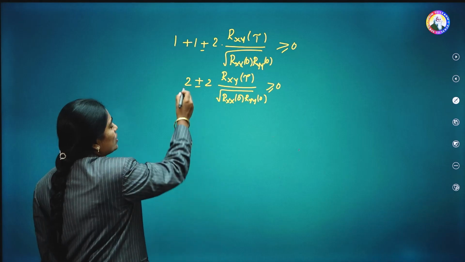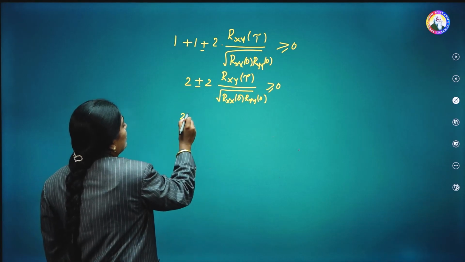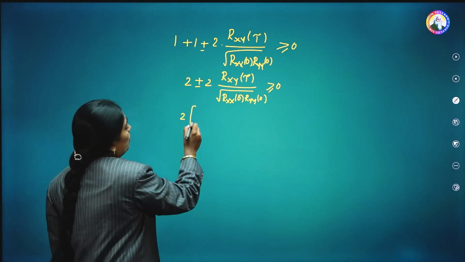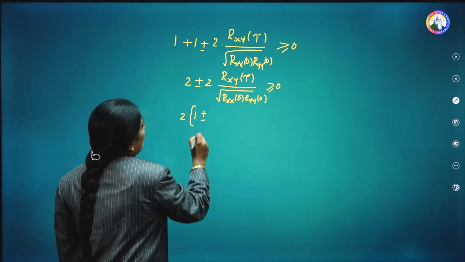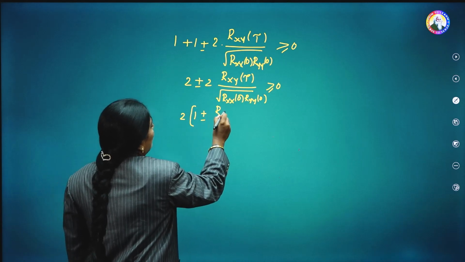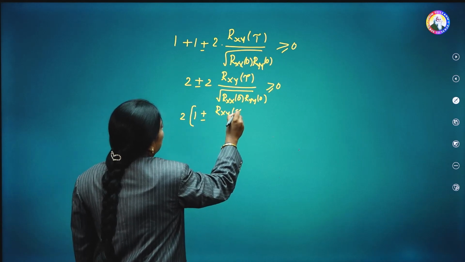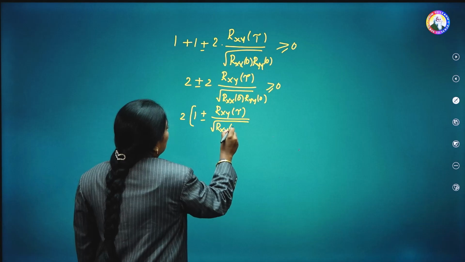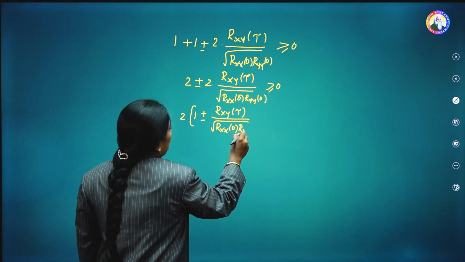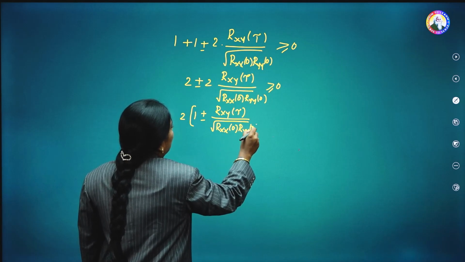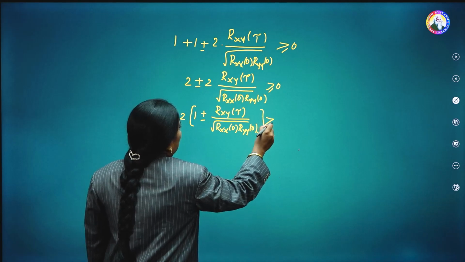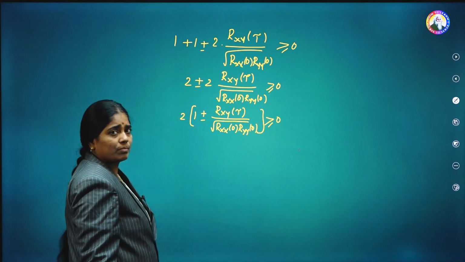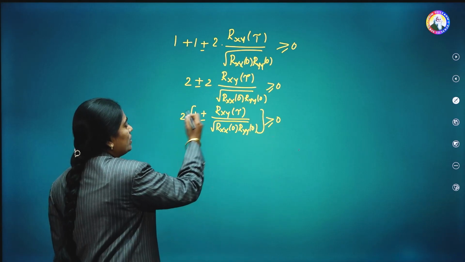Now, you can take 2 common here. That is why this is 2 into 1 plus or minus R xy of tau, whole divided by square root of R xx of 0 into R yy of 0, greater than or equal to 0. Now, this 2 will go to that side.